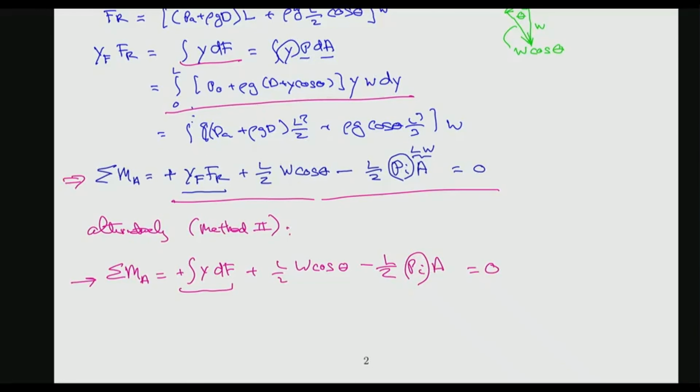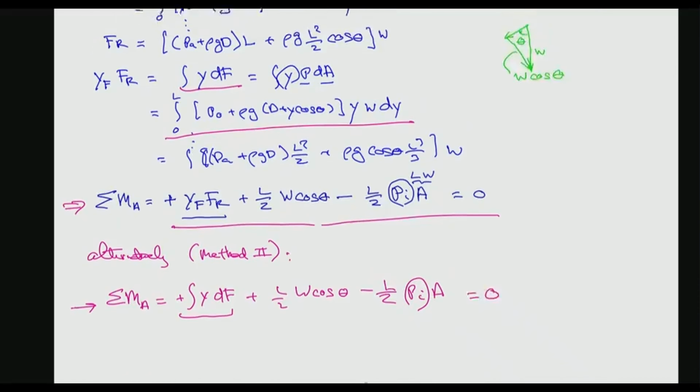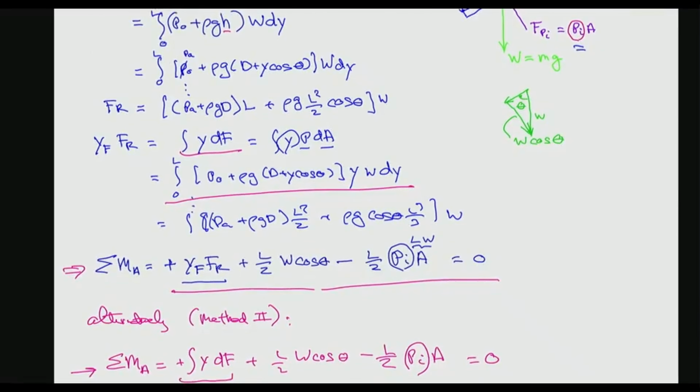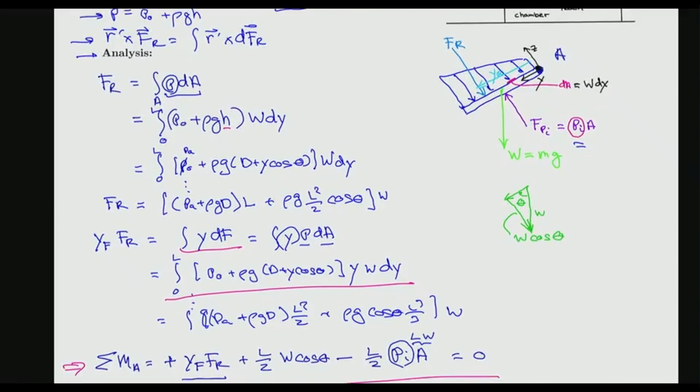Any questions? Yeah? The weight, is it W sine theta? Is it W cosine theta for that downward arm? This W acts downwards due to gravity, and here's our coordinate system y.